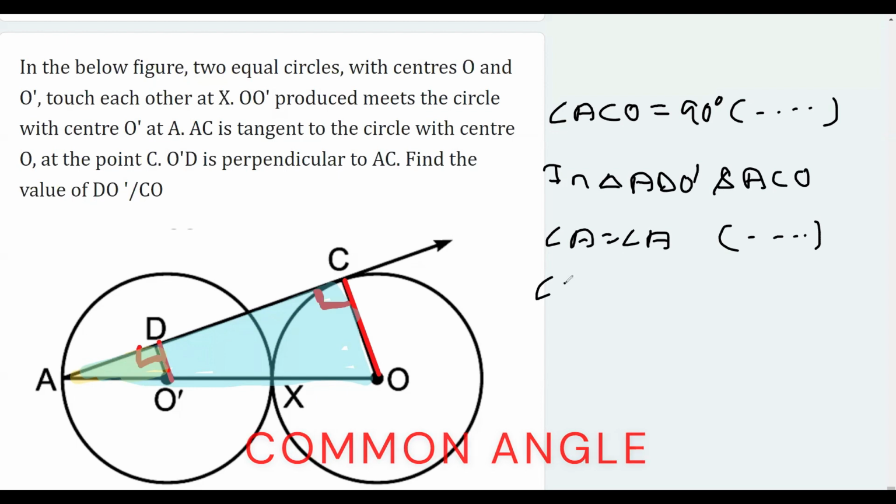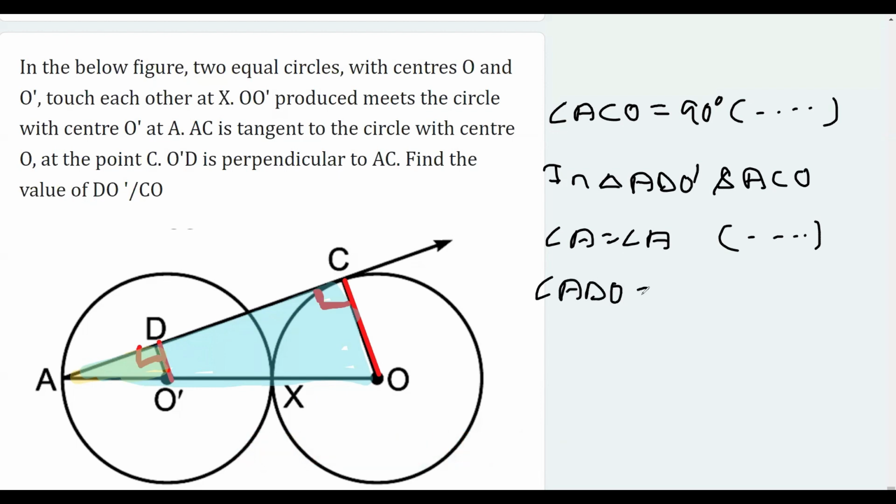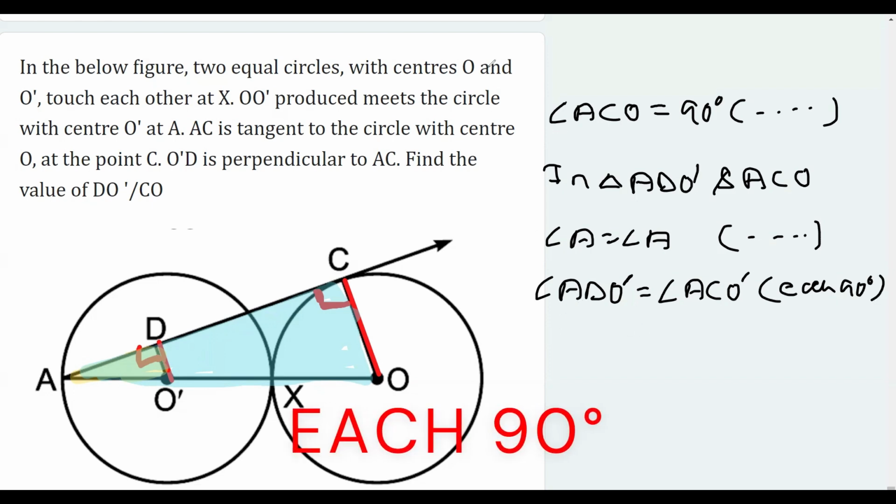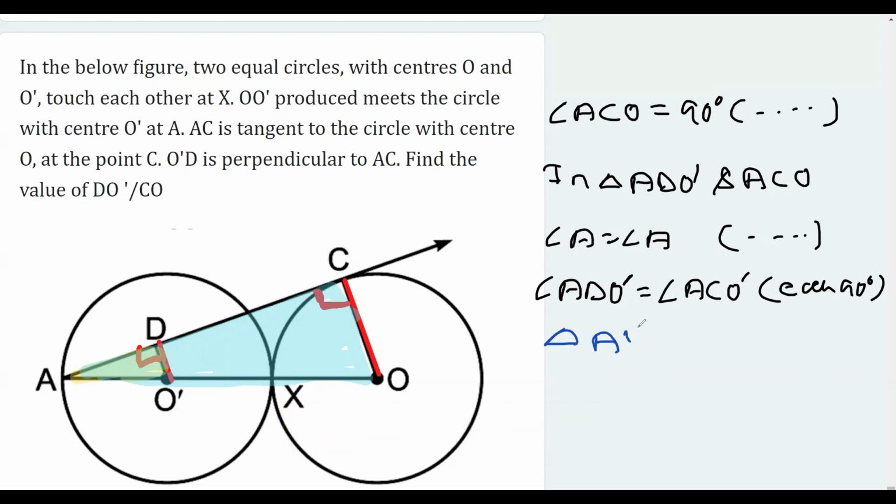Further we have angle ADO dash is equal to angle ACO, and these two angles are equal because each is 90 degree. Once you have proved two angles equal, I can say that triangle ADO dash is similar to triangle ACO, and the condition is AA similarity.